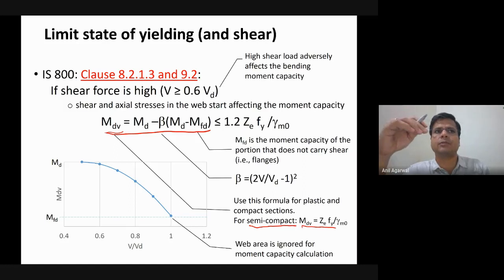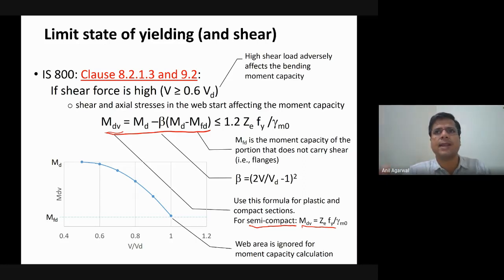At that time, most of the web will be at a very low stress level, because you are not designing the section for complete plasticization in flexure. Only the extreme fiber in the flange is going to sigma y or Fy, and the middle part where the web is, is at a very low stress level.